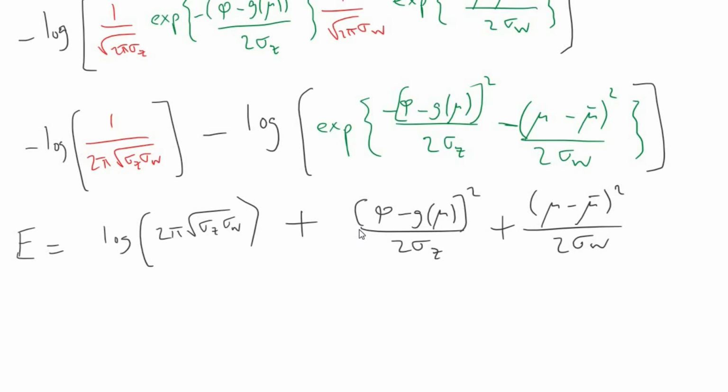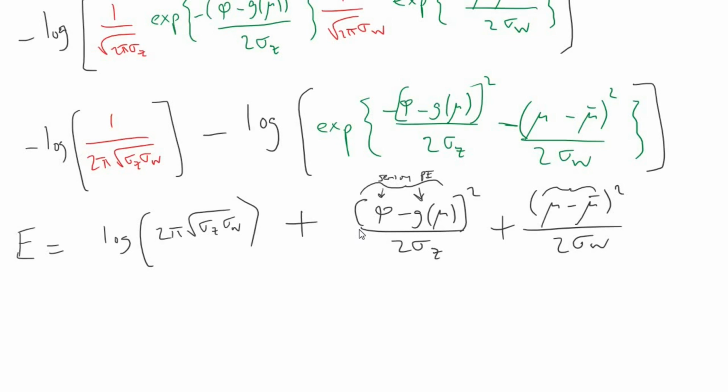Now notice that this value here can be conceptualized as a prediction error, and so can this value here. So we're going to call this one the sensory prediction error, because we're getting some sense data here, and we're going to conceptualize mu as a prediction of what the data is.